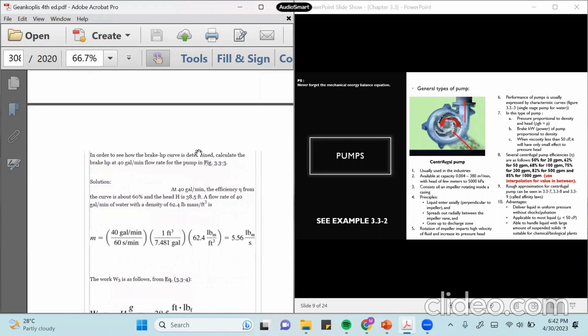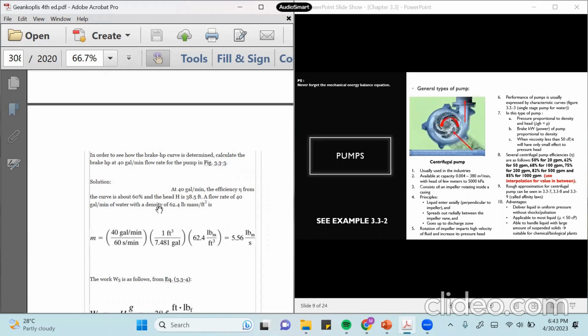Gianco, please prove whether the curve can be directly used. Please use the general equation to calculate the brake horsepower. At 40 gallon per minute, the curve of efficiency reaches the value of 60%. The head is almost 40 feet.